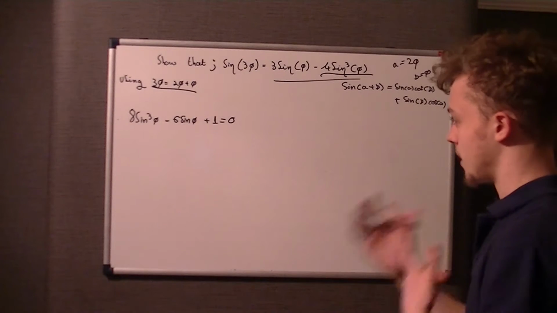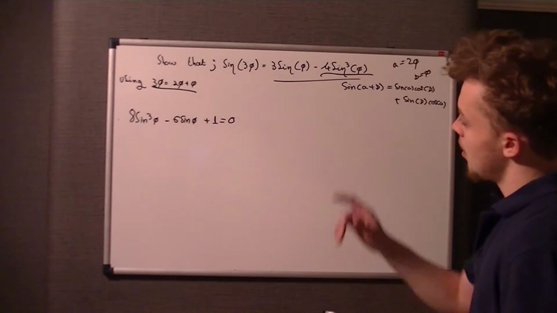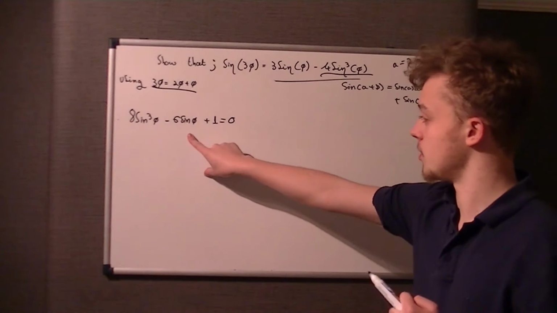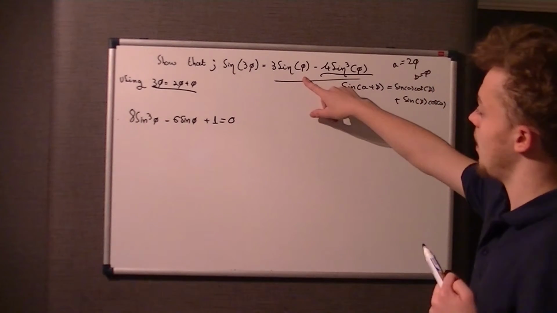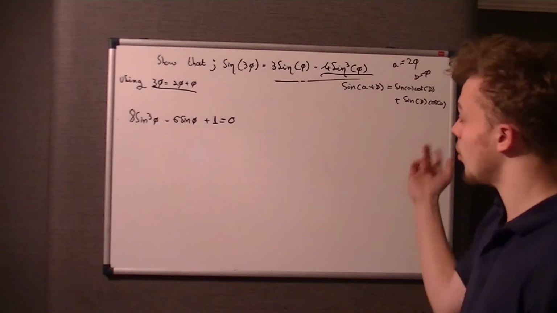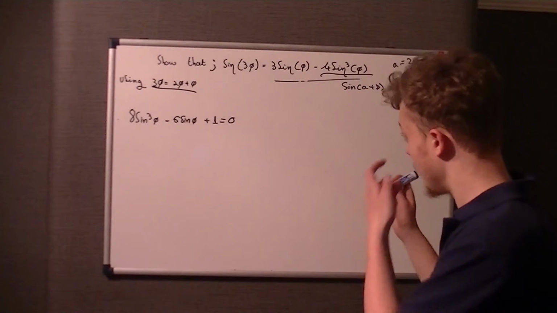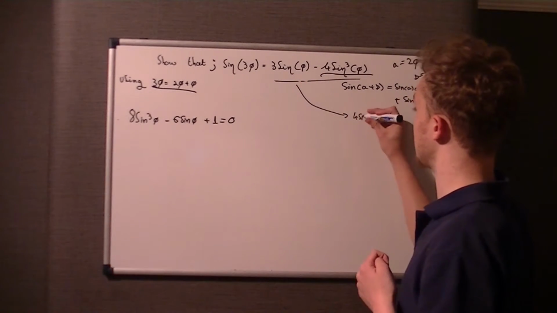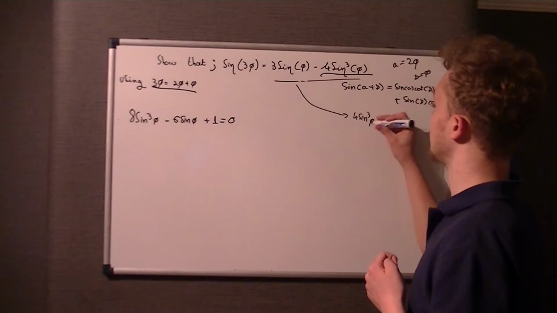Well, there's a couple of things that we could do here. We could make 3 sine theta the subject, because we've got 6 sine theta here, and we could rearrange it and then double both sides. Or, easily, and what I'm going to do is rearrange this to get 4 sine cubed theta as the subject.